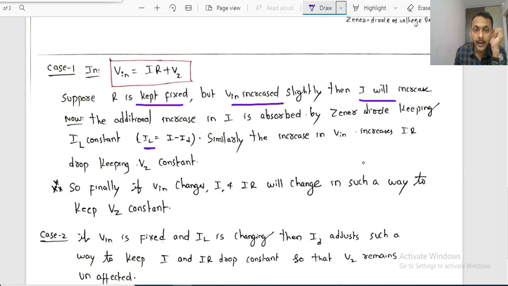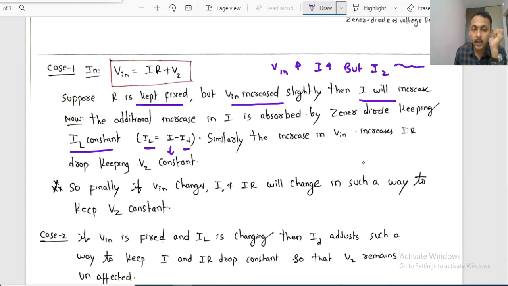Even though I has increased, the current flowing through the diode will get adjusted in such a way that IL will remain constant, even though the input voltage is increased, right? Due to that, I also has increased, but IZ, the current through the diode, will adjust in such a way that overall IL will be kept constant, right?